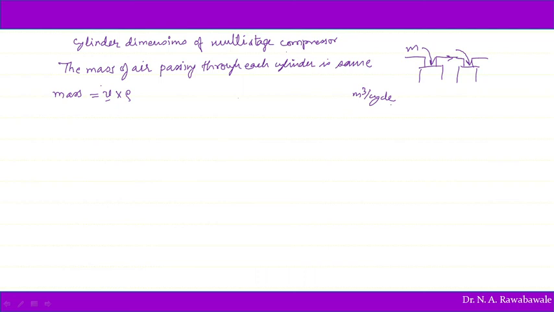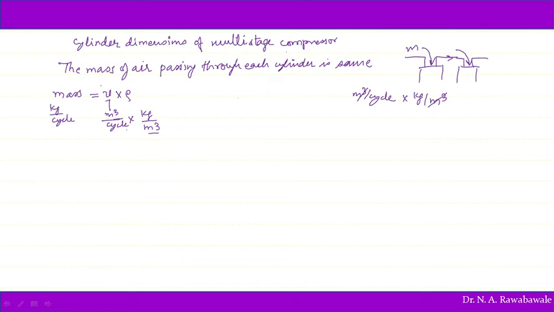For example, density has the unit kg per meter cube. The unit of mass is kg per cycle. The unit of volume is meter cube per cycle into the unit of density, kg per meter cube. So meter cube gets cancelled, and kg per cycle remains on the left hand side.